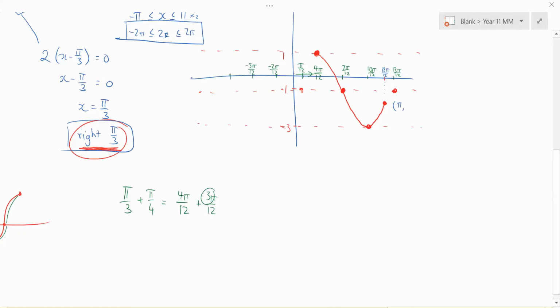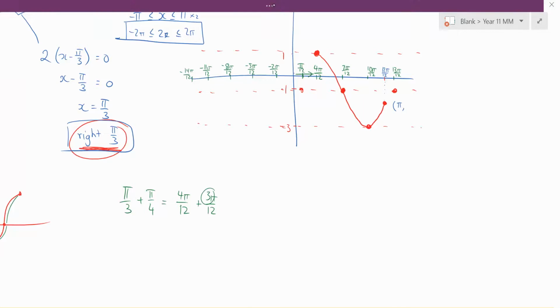Take away another 3, that gives me now negative 8 pi on 12, and then take another 3, that gives me now negative 11 pi on 12, and I'm really close to that pi. Now, take another 3 gives me now negative 14 pi on 12, which is clearly too far. Okay, I've only got from negative pi to pi.